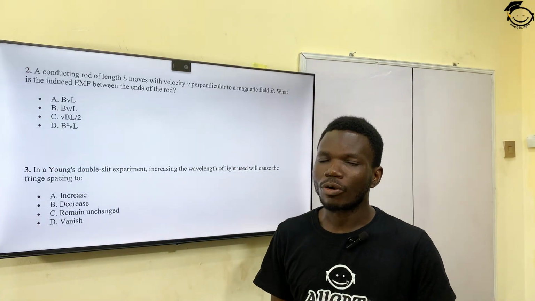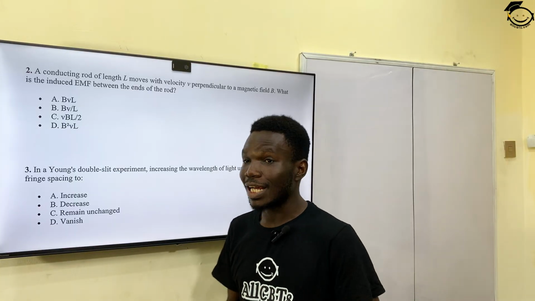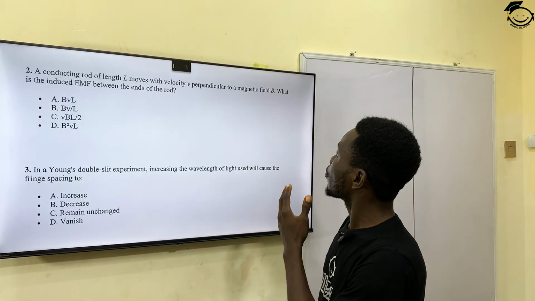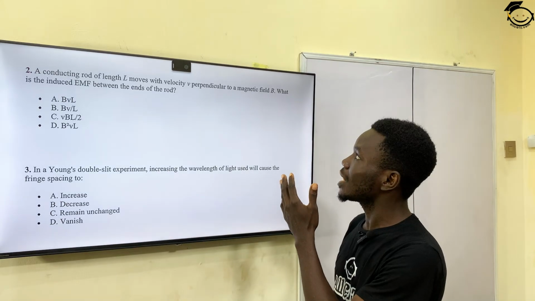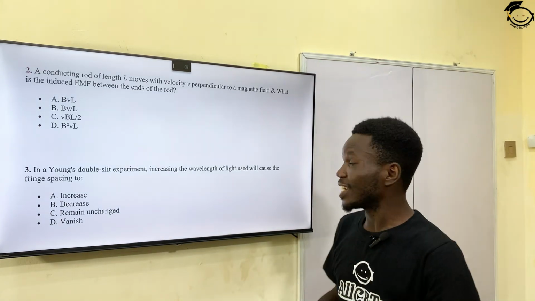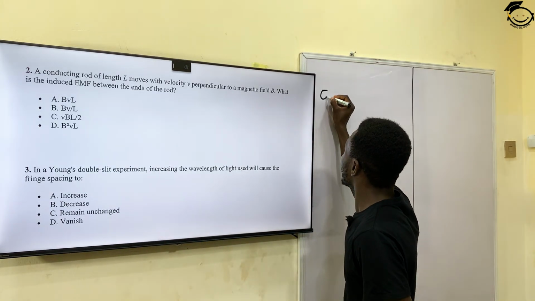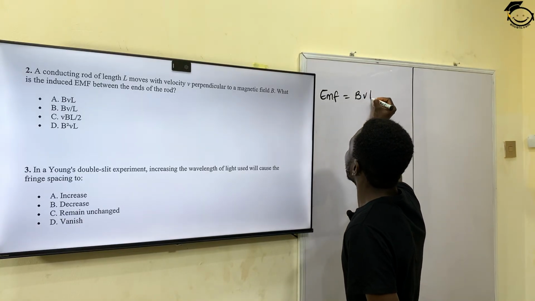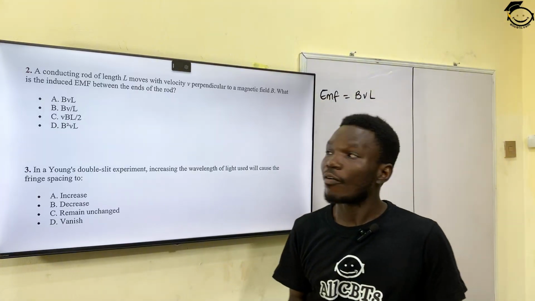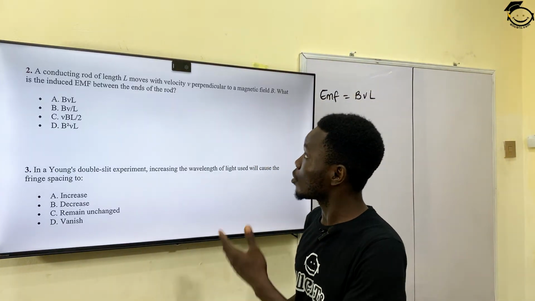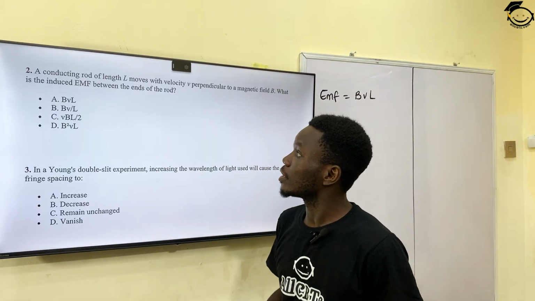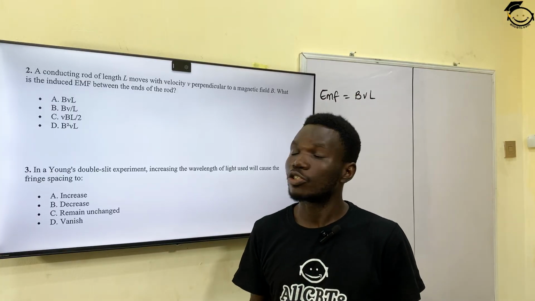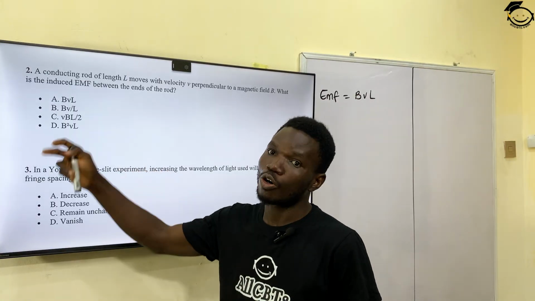And we know that according to Sir Faraday, whenever there's a velocity that is perpendicular to the magnetic field, the induced EMF is equal to BVL. So look for the option that has BVL as the formula for getting the induced EMF, and that is option A.